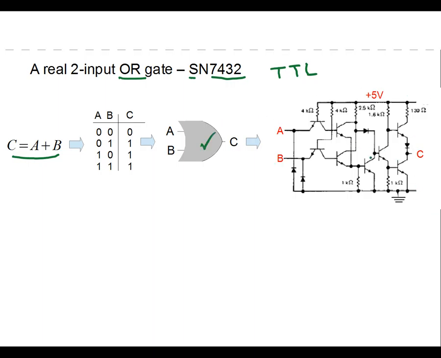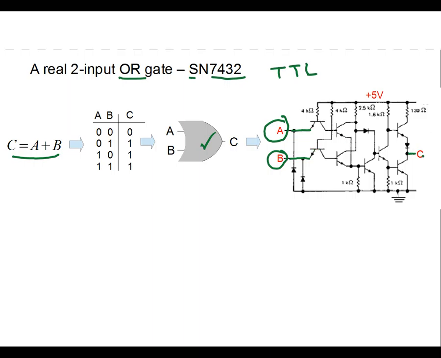Okay, and we're not going to crawl through the circuit diagram. I just wanted to point out that the input A is here, the input B is here, and it's kind of interesting. These inputs are applied to an emitter here, and that's what makes it transistor-transistor logic, TTL. Okay, these are just diodes that are called clamp diodes that basically prevent the inputs from damaging the transistors, and the output is produced here.